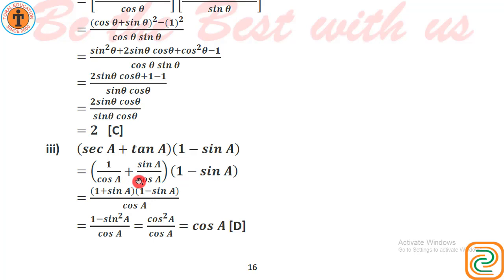Because cos A is in both the denominators. 1 plus sin A into 1 minus sin A. What is this? 1 plus A, 1 minus A, similar to the earlier second sum. A plus B, A minus B, then A square minus B square. This is 1 minus sin square. 1 square means 1 and sin square means sin square. 1 minus sin square equals cos square. Right? So cos square upon cos, so 1 cos will be cut off. So 1 cos remains. Therefore answer D is the correct option.